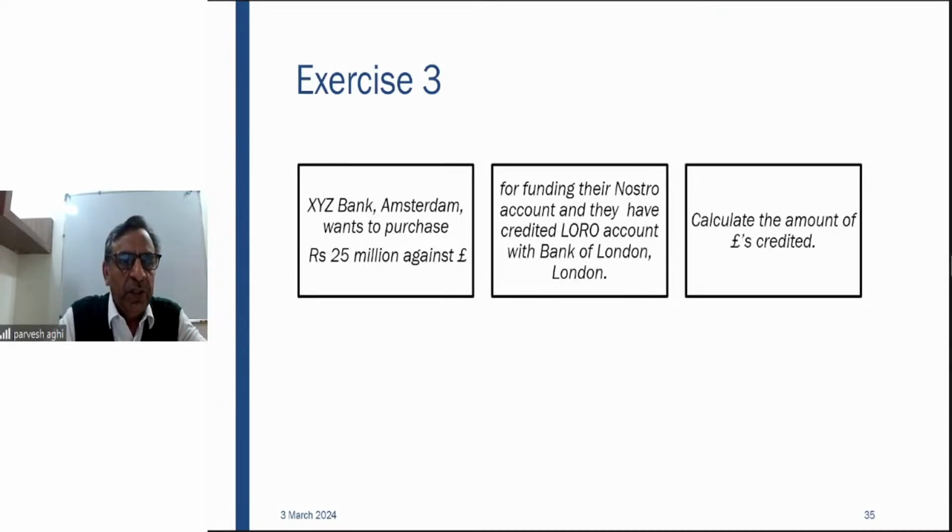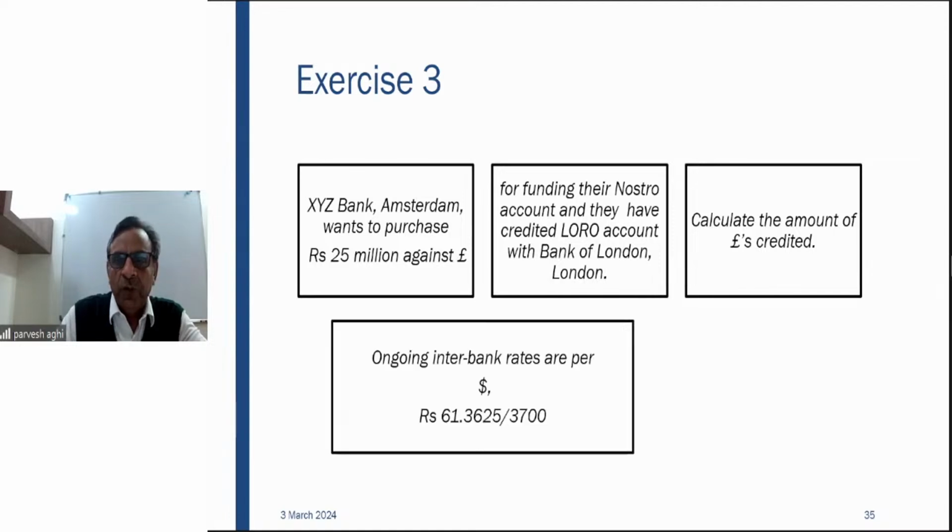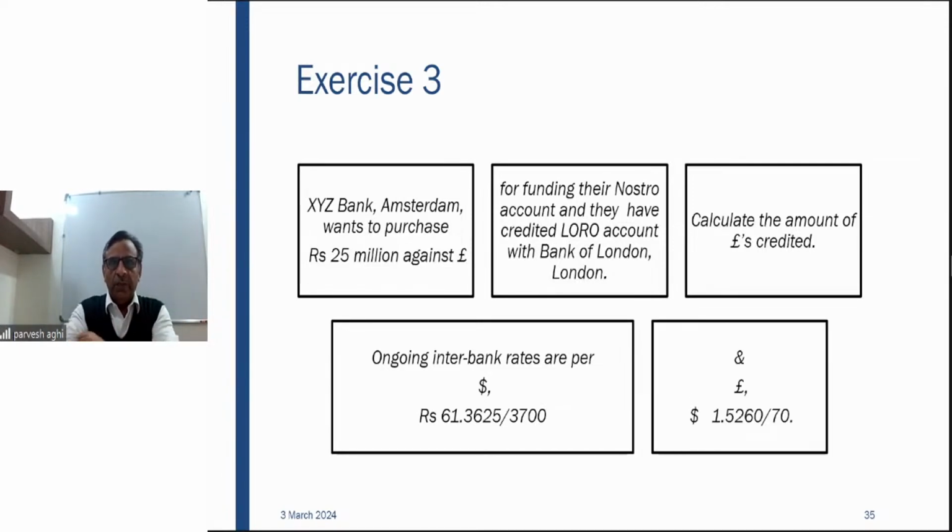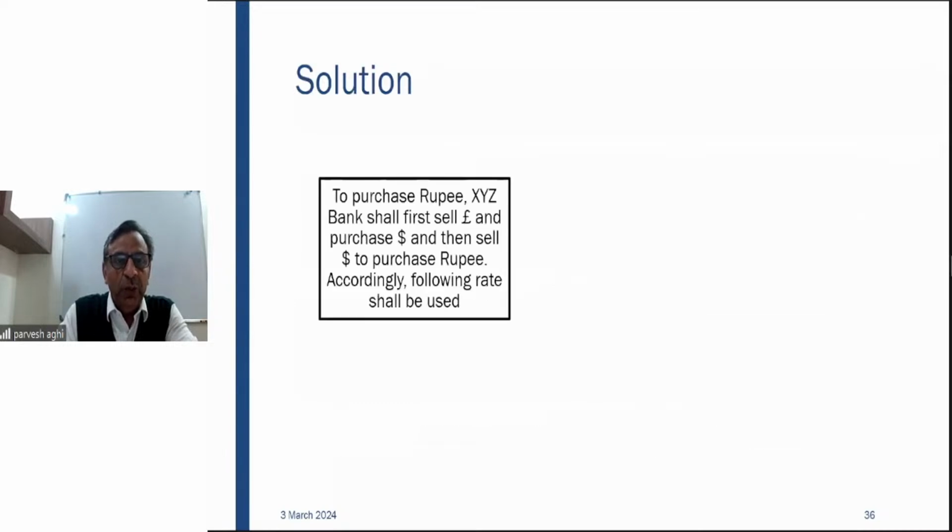So they want to purchase against 25 million. They have 25 lakh rupees with them, and they want to convert them into pounds. The interbank rates are given to you for dollars, and then they are given in terms of pounds. It's very simple. We're going to use both the rates.